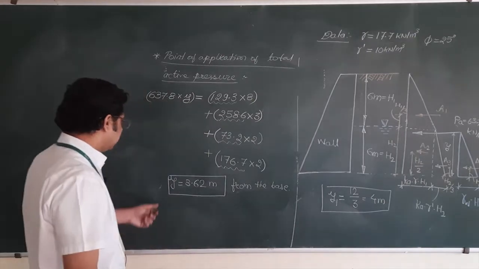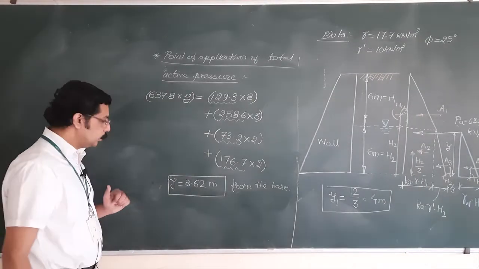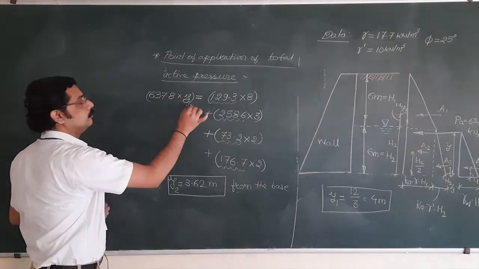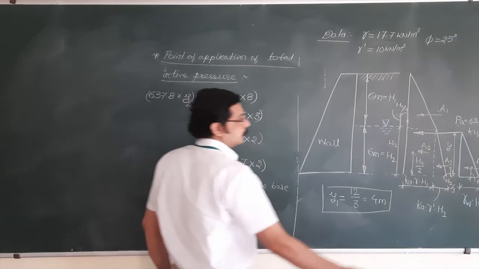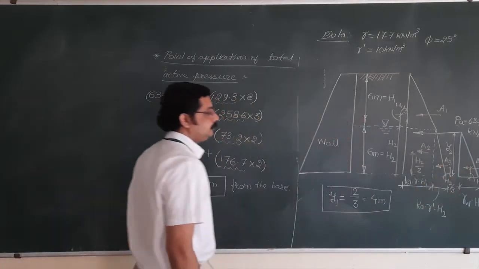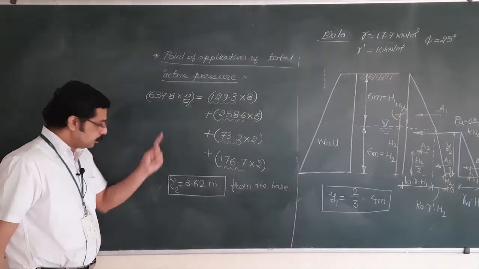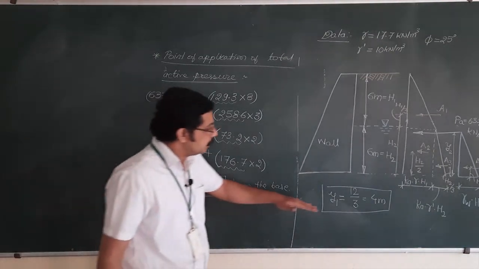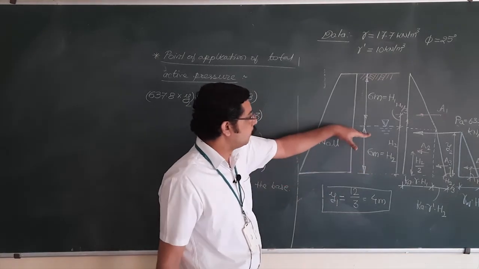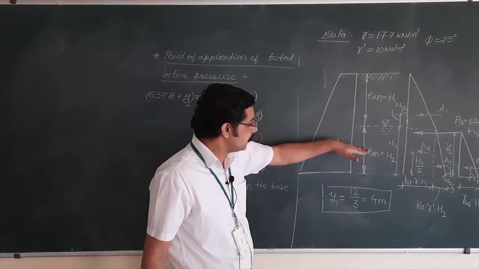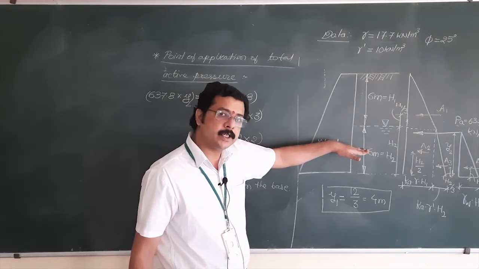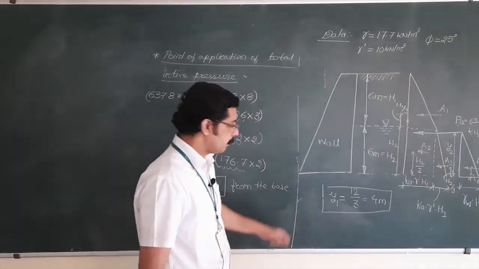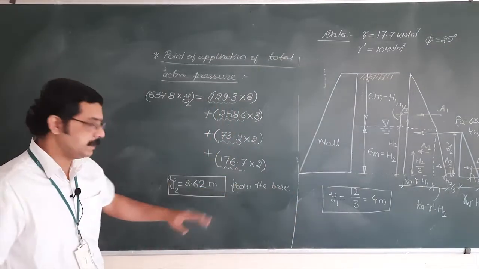But in condition 2, for convenience we will label this as Y2. In condition 2, Y2 comes out to be 3.62 meter. The height in condition 1 was 4 meter, in condition 2 it is 3.62 meter. So, by how much distance has the point of application of total pressure gone down? It is nothing but the difference between the heights.